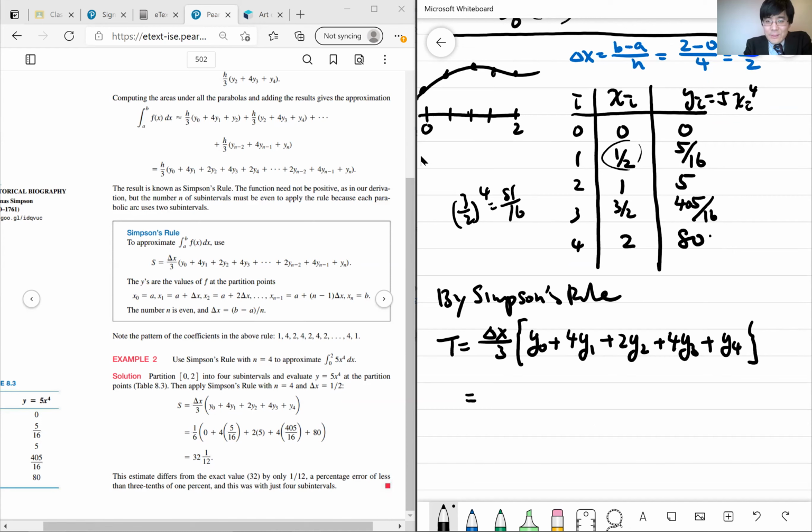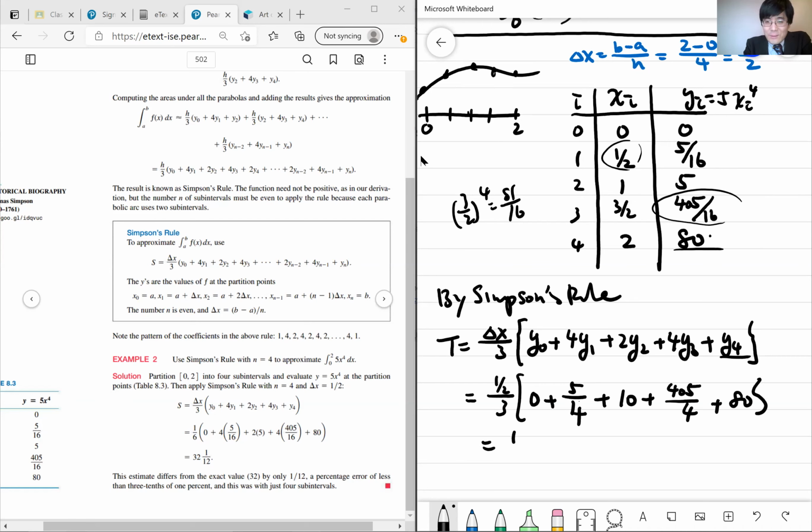So using this, it's going to be 1/2 over 3 times 0 plus 4 times 5 over 16. So it's going to be this, and 2 times 5. And this times 4, which is going to be 5 over 4 plus 1 times this 80. So it's going to be 1 over 6 times 90 plus 410 over 4, which is 102.5.